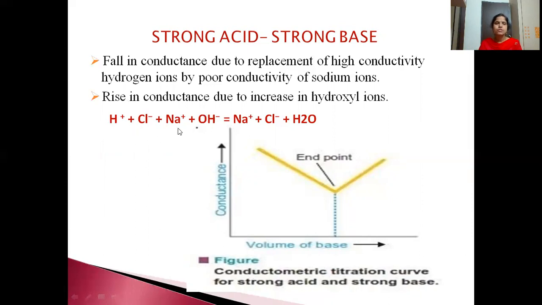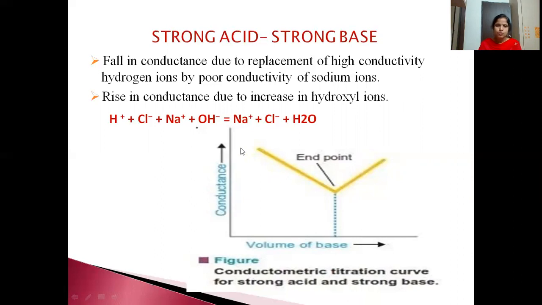What is left is the NaOH falling into the beaker, which produces Na+ and OH- ions. Because of those ions, again the conductance will increase.